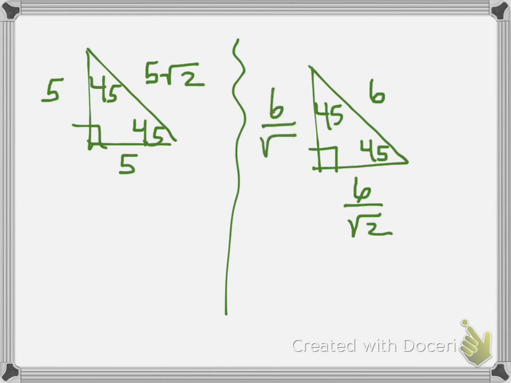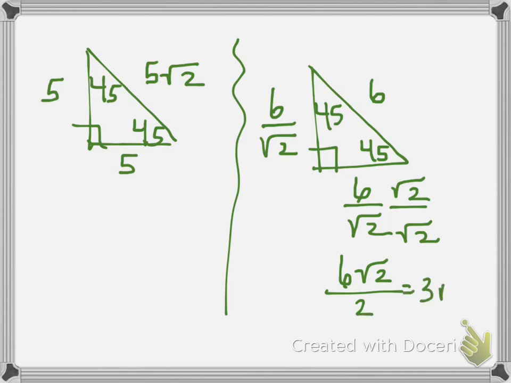You always rationalize the denominator. So you'd get 6 square root of 2 over 2, which is 3 square root of 2. So 3 square root of 2 is really the length for both of these legs.